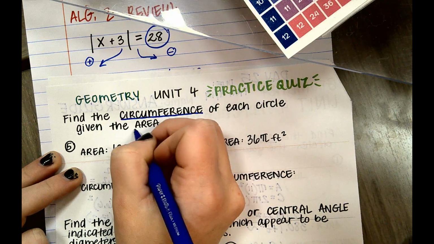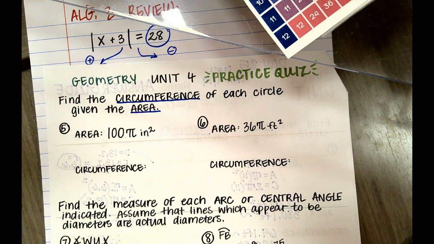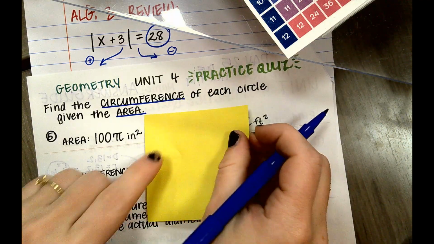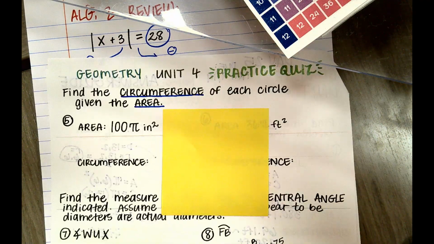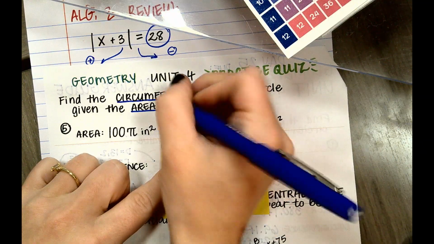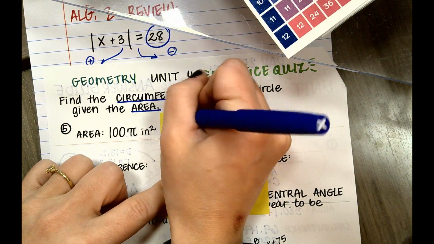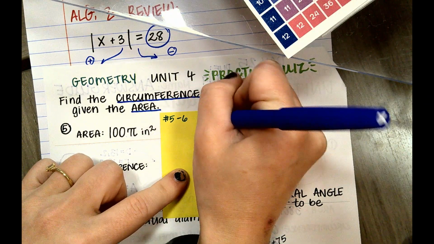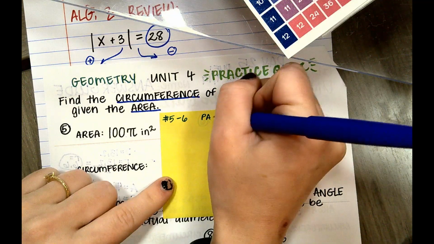So we'll run through these problems here. So this is page 2. I'm actually going to write that this is just for number 5 and 6 because 7 and 8 are different.